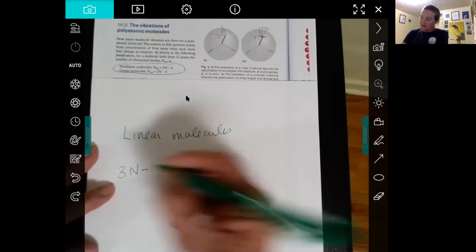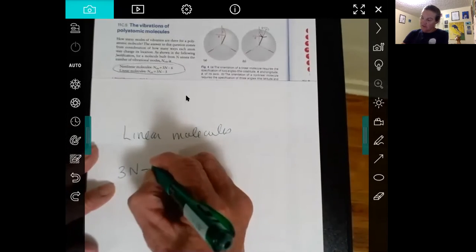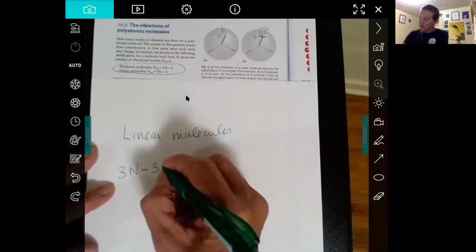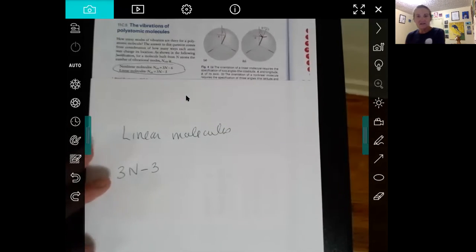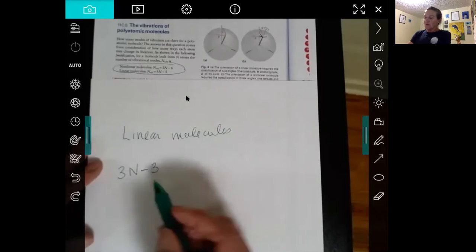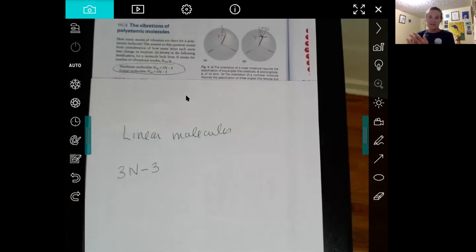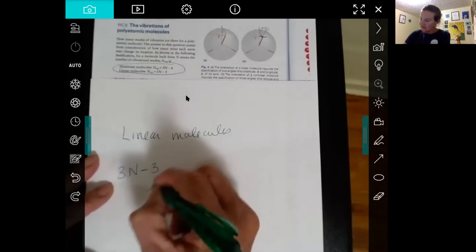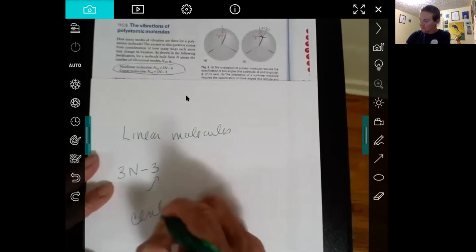Then you're going to subtract from this first 3, just plain 3, not 3n. So 3 of those coordinates can be separated out, and that's just it flying through space. So center of mass moving through space.